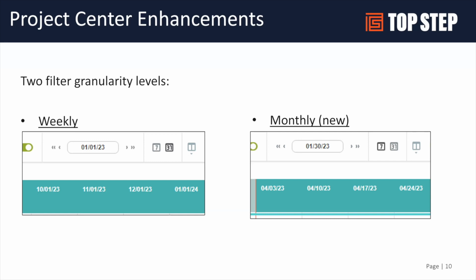We've got a lot of clients that don't schedule and manage their resources at a weekly level, but look more at a monthly level, and therefore the Project Center really was unusable. Now for those customers, there is an option. Being able to look at the month and put hours in month over month is a great addition to the Project Center.